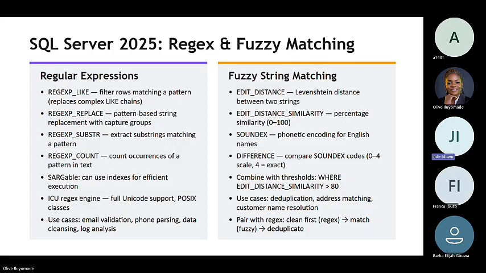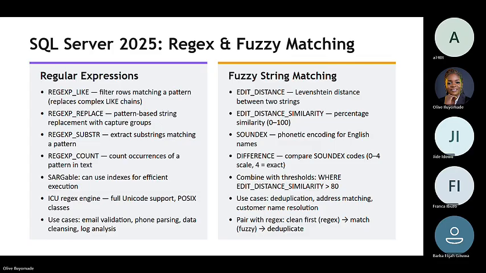And in case you see a code that they wrote like REGEXP, that is what it means. So what does it do? You can see: filter rows matching a pattern, replace complex LIKE chains, and pattern-based string replacement with capture groups. Each of these has what they do.